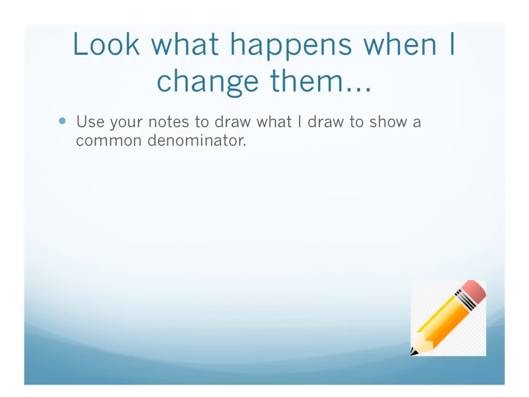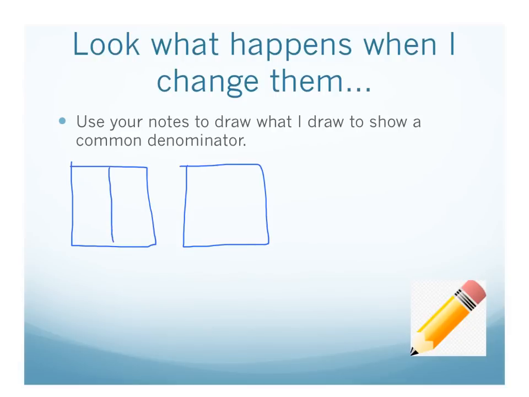Now look what happens when I change them. So I've got my square here and here. Again, I'm trying really hard to make them about the same size. I have this one drawn into half and this one drawn into thirds. Now when you see the pencil here, you're changing your drawing with me to see what those shapes might look like.